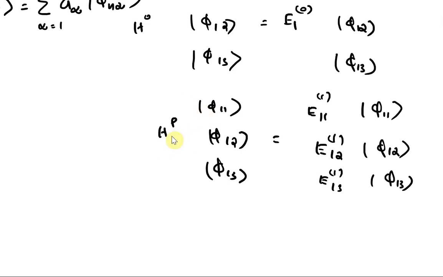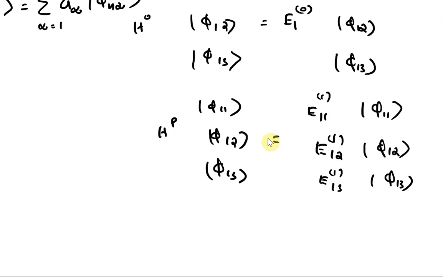That way you are putting the perturbation on the degenerate state, and you can have different eigenvalues. It can have different values, as you can see here, not necessarily the same.